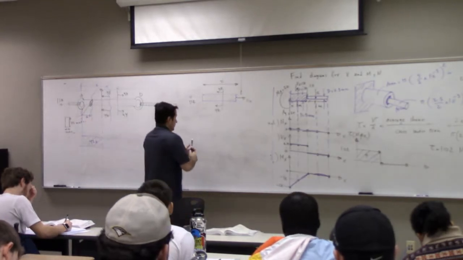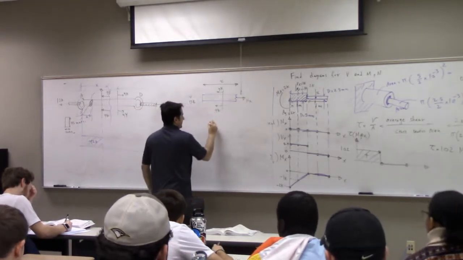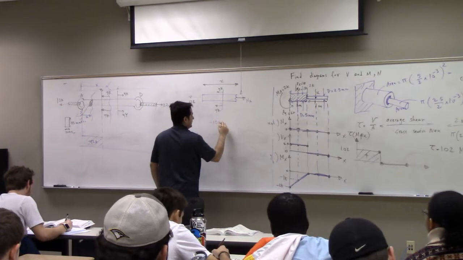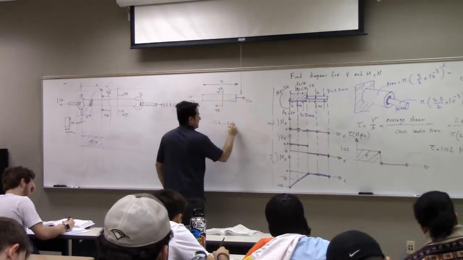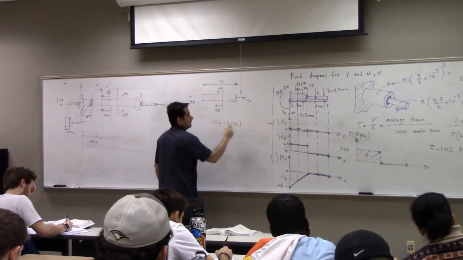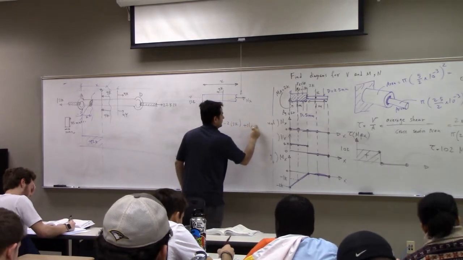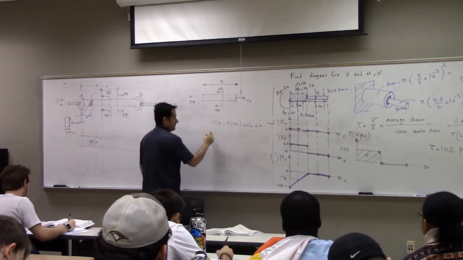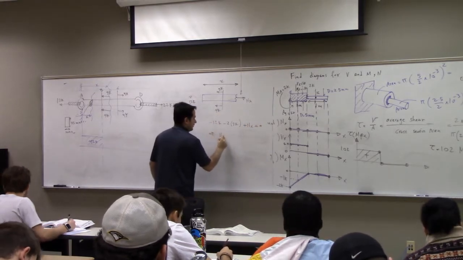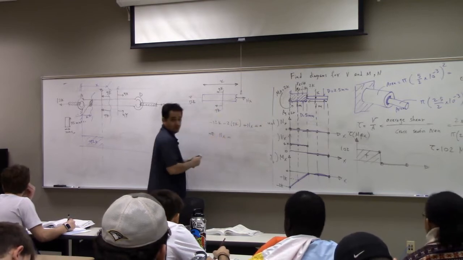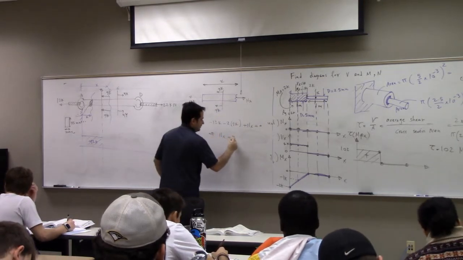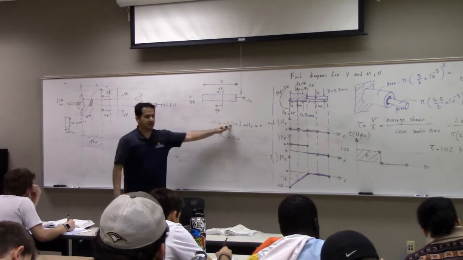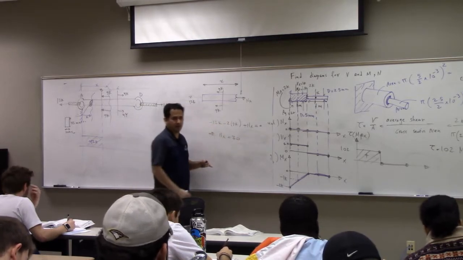So if I do that, then I get negative 12K, negative 2 times 9K plus Nx is equal to 0, summation of force in x is 0. Then you get Nx is equal to 30. Yes, 18 plus 12, got 30K.